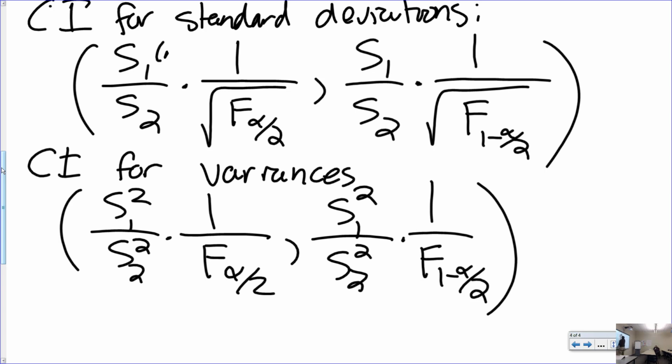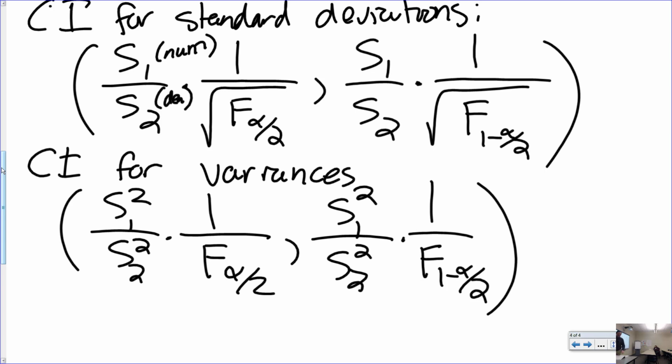When you figure out your degrees of freedom, the numerator is the S1 population's degrees of freedom, and your denominator is your S2 degrees of freedom, n minus 1 for both of them.